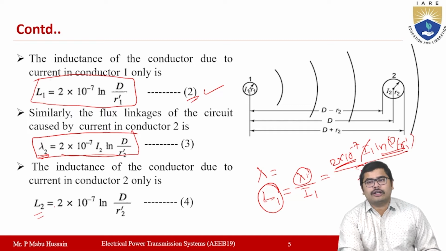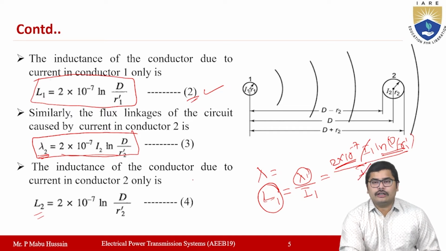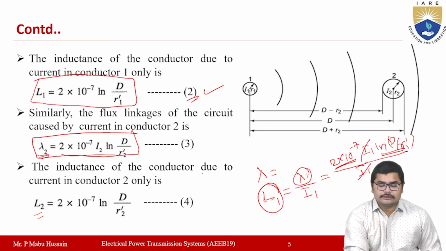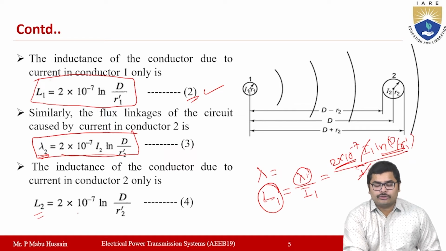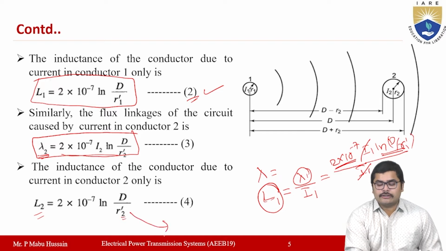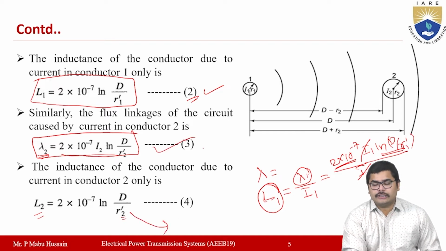The inductance due to the current flowing in conductor 2 only will be L2, and L2 is 2 into 10 power minus 7 ln D by R2 dash. How did you get this equation? From equation 3. You know the flux linkages, so the inductance of conductor 2 is equal to the flux linkages of conductor 2 divided by the current flowing in conductor 2.